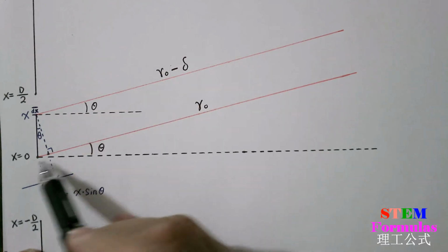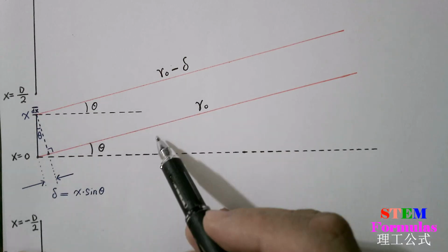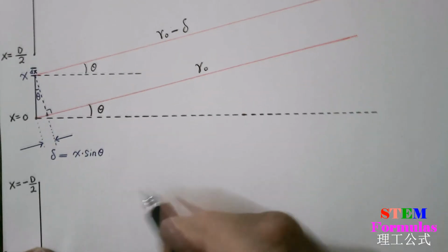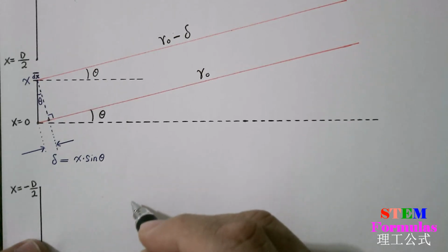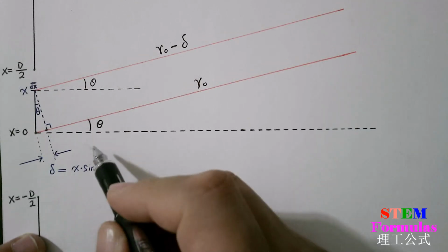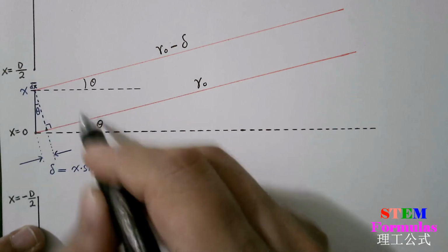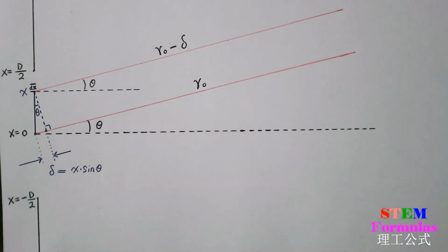That means all these light rays are parallel as long as L is much greater than d. If L is much greater than the width d, then all these light rays will be parallel. I prove as follows.